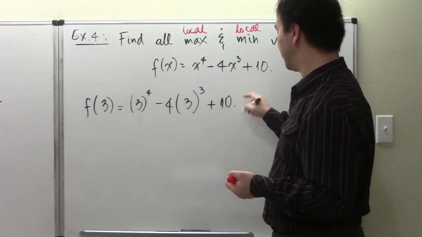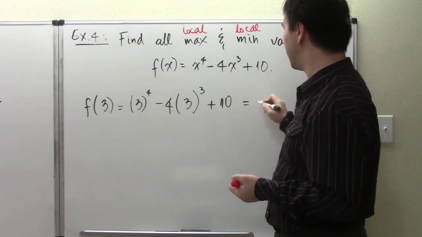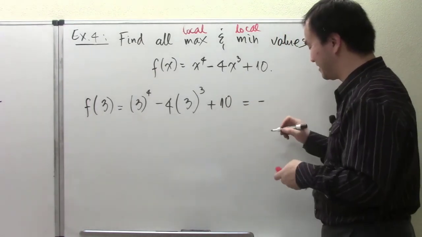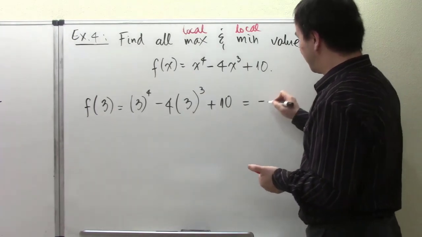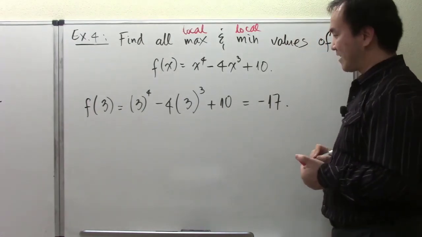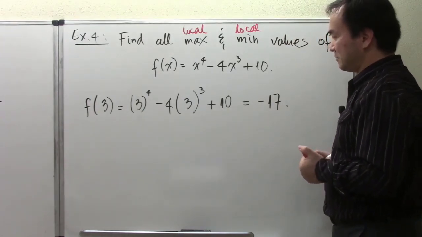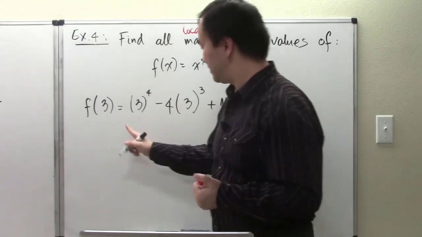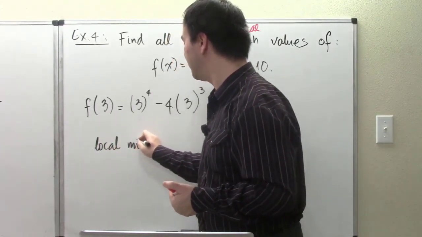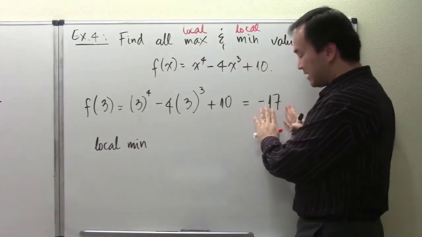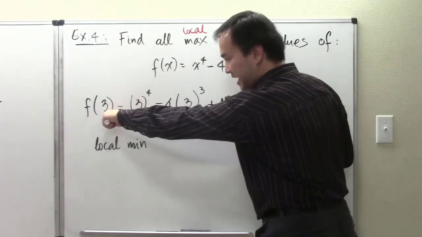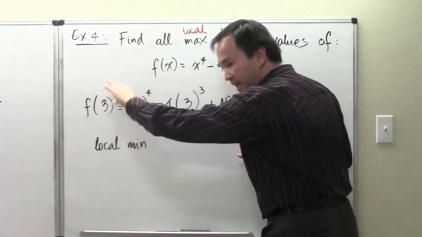Now I come down to negative altogether with my calculation here. This is easy enough that I don't think I need to step away for a calculator. It's negative 17. This is our local minimum value, how low our local minimum value hits, because at the critical value x equals 3 we hit a local minimum.